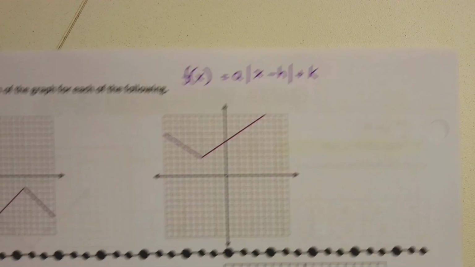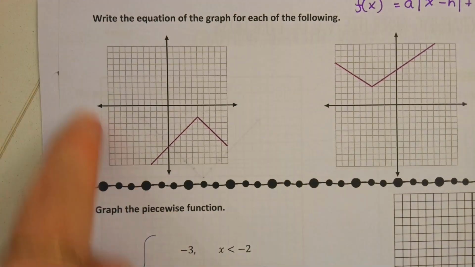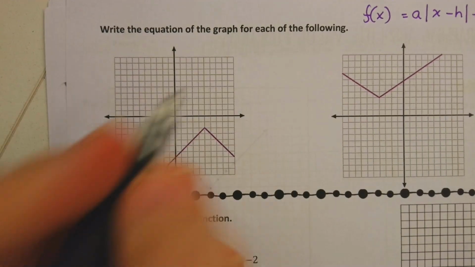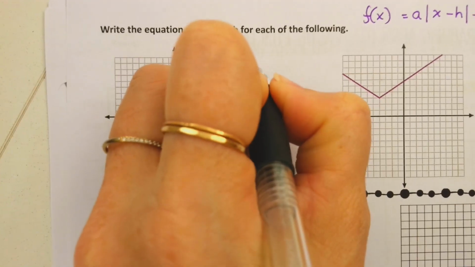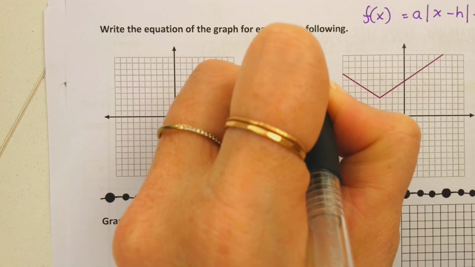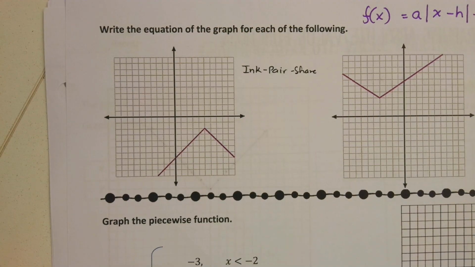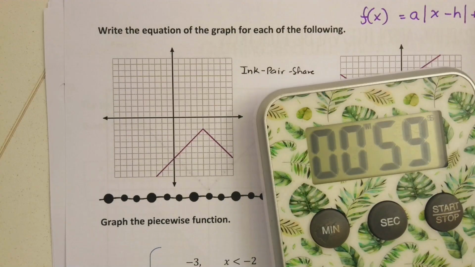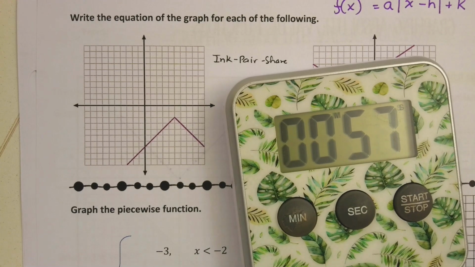So I'm going to have us do an ink pair share on this first one here, meaning you're going to write the equation and then we'll pair up and share with a buddy. So what you're going to need to do is find the vertex, the HK, find the slope of the right side, and then put that together in your equation. I'll give you a minute.